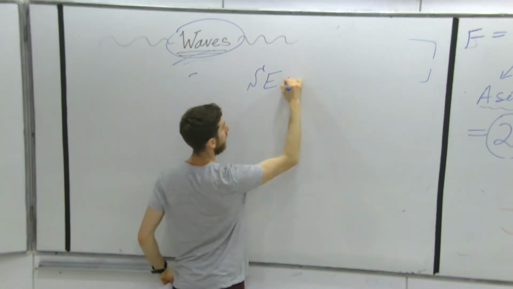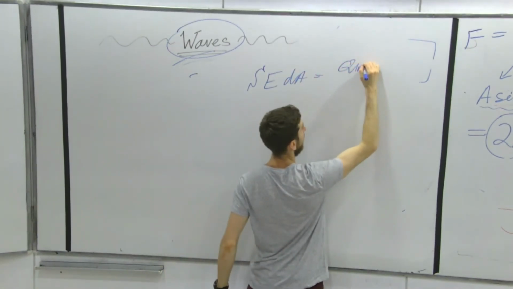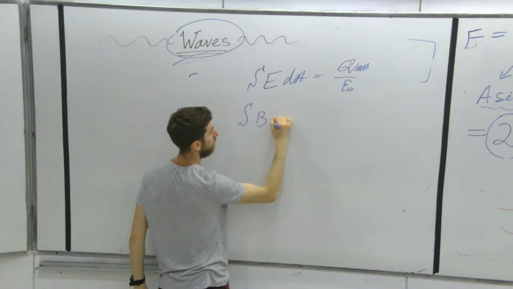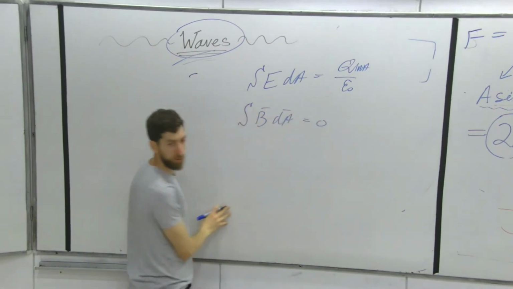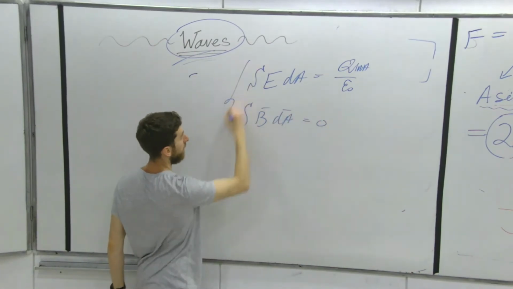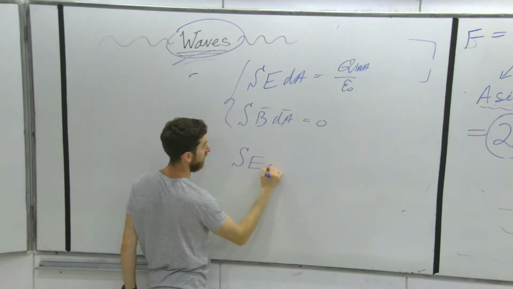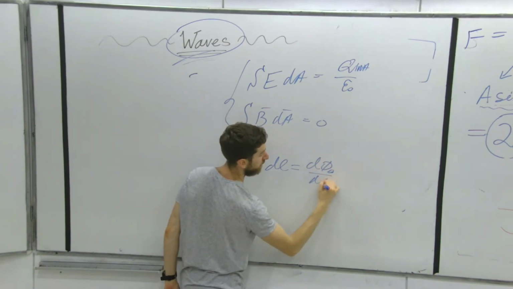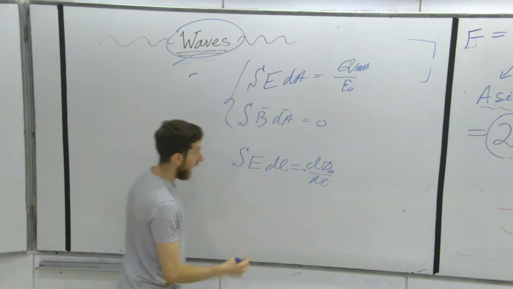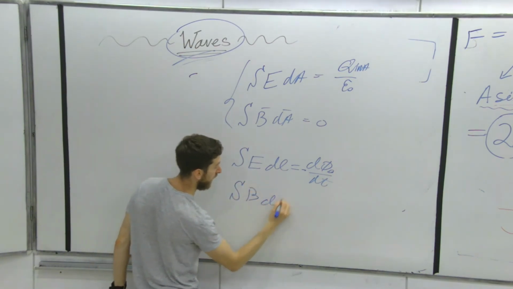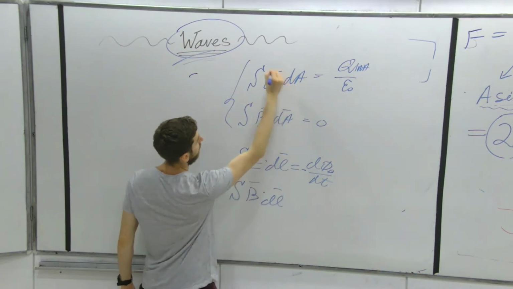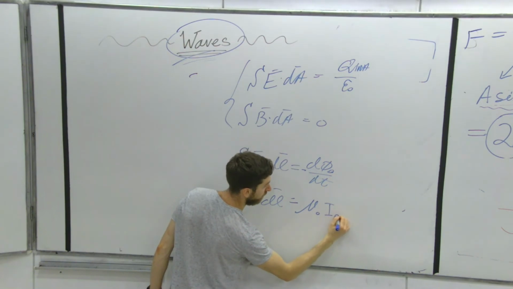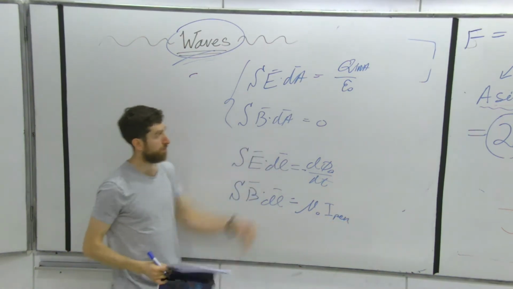We know the magnetic Gauss's law, which is 0. We know the loop integral of E dL equals minus the change in Φ_B over dt, Lenz's law. And Ampere's law: the loop integral of B dL is μ0 I penetrating. I know this stuff.